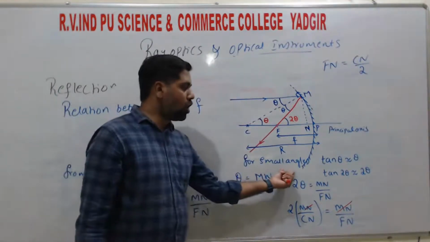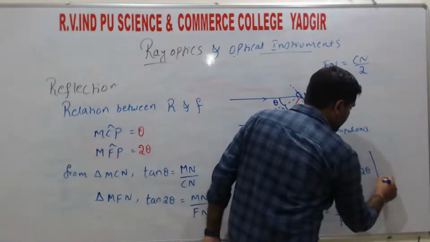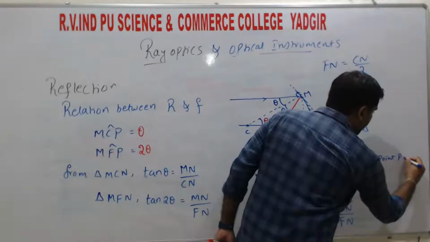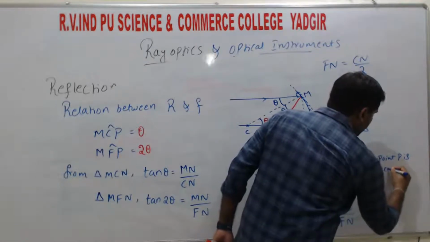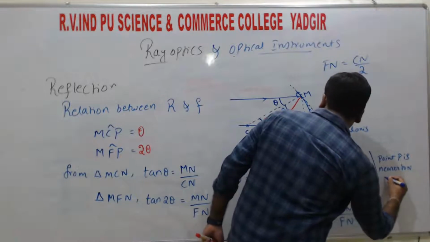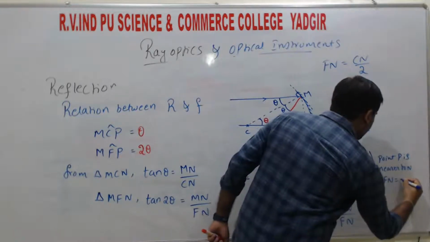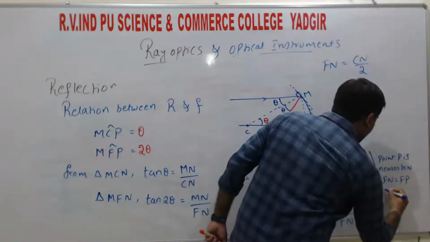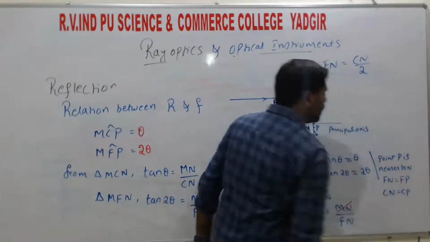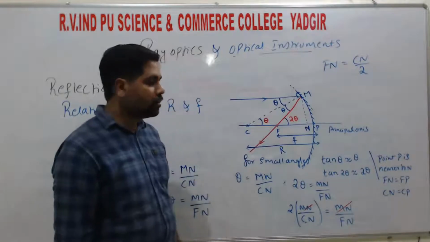So for small angles, I will write here point P is nearer to N. So we can write FN is equal to FP and CN is equal to CP, right?